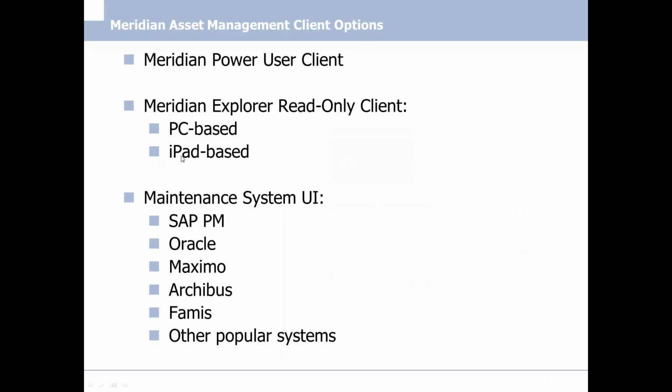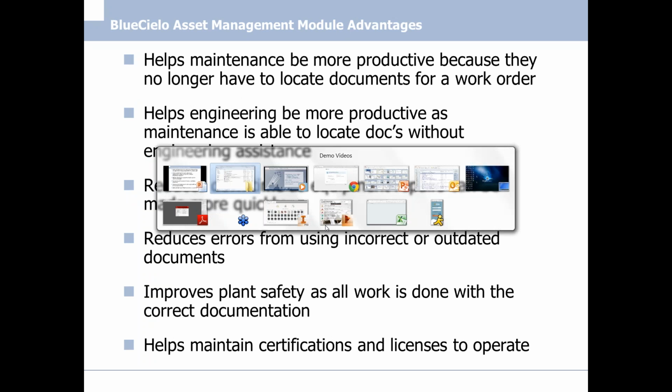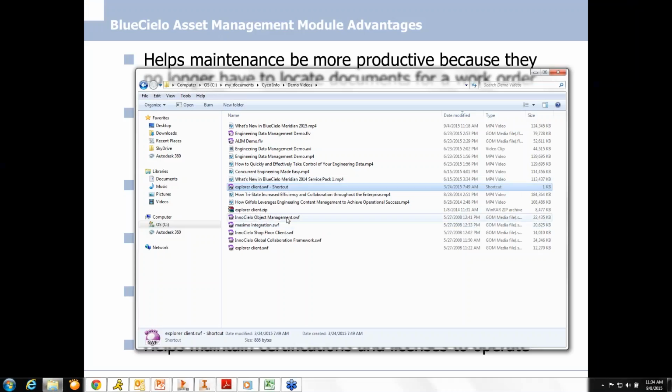There's also an iPad-based mobile client, and then some of the different maintenance systems that the asset management module has been integrated with. If we take a quick look at that in action, and this is going to be showing the interface from within the Meridian power user.